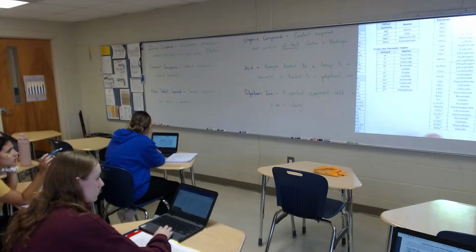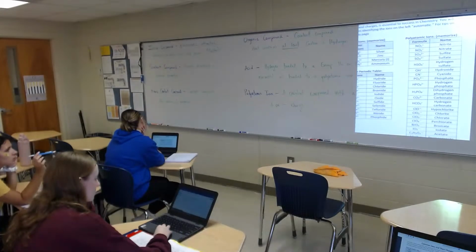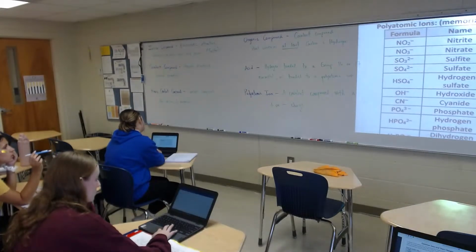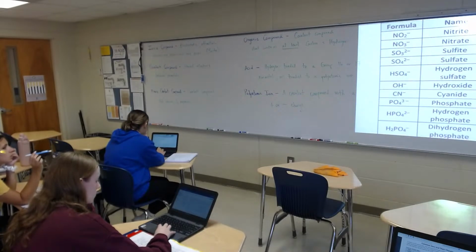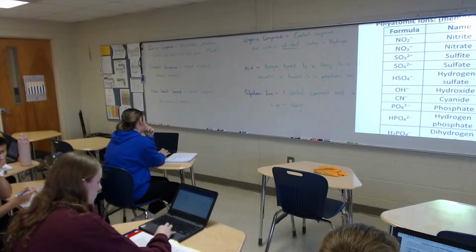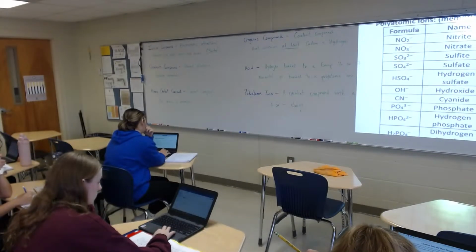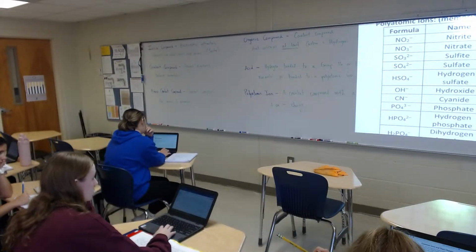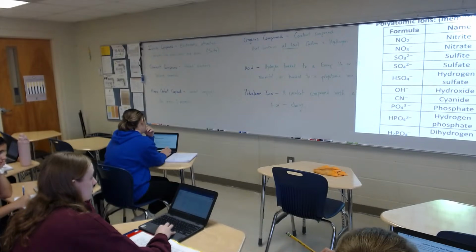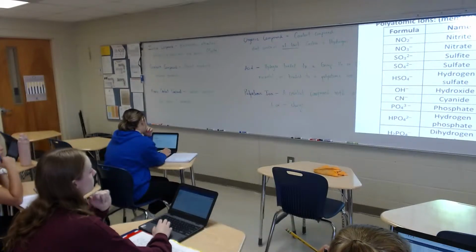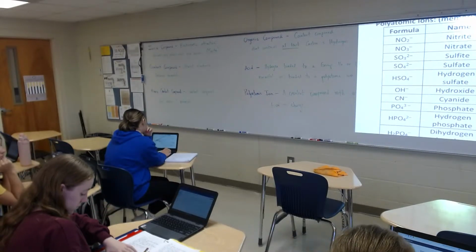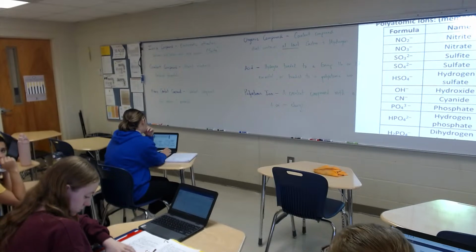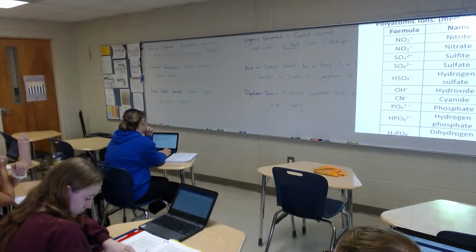Let's talk just a second about how we write this stuff, because we always have confusion on this, and people always get the numbers and signs in the wrong place. These things have to be written exactly correct, or they're exactly wrong. There's no partial credit for doing this. You have to write the correct formula.